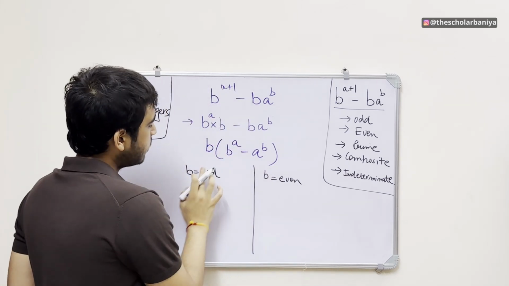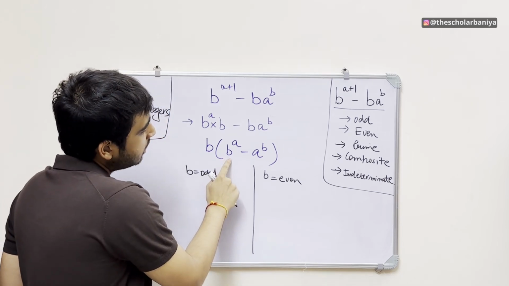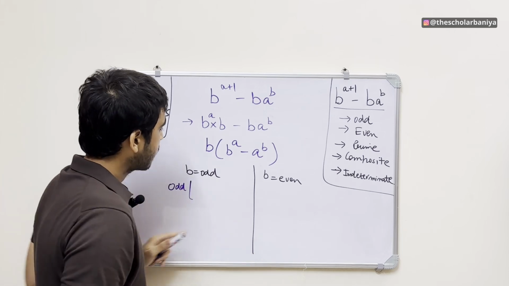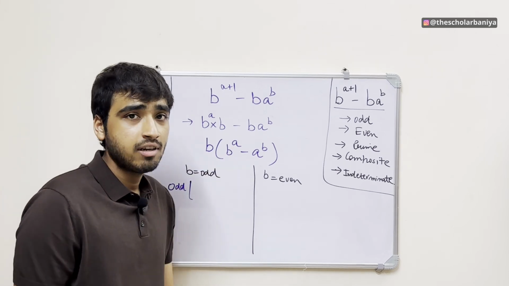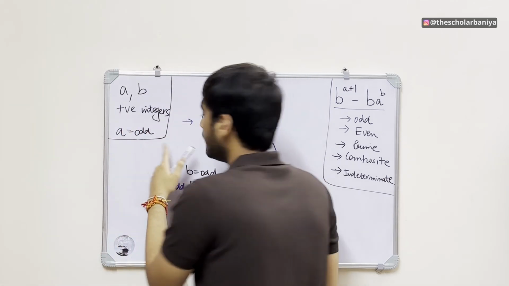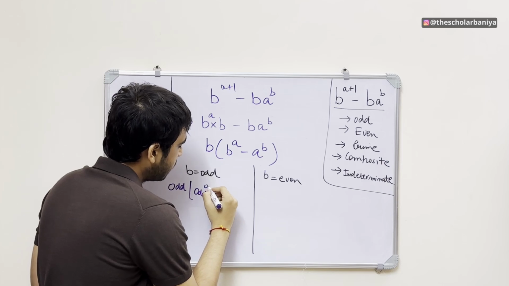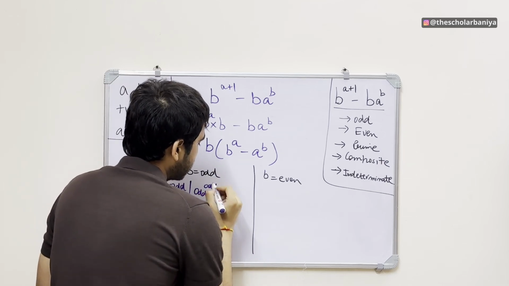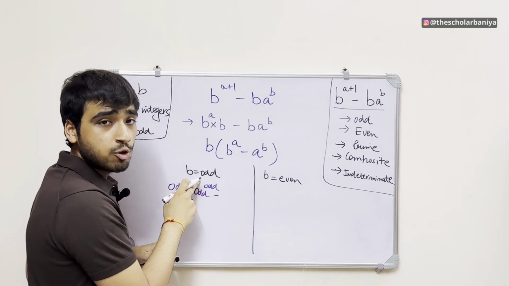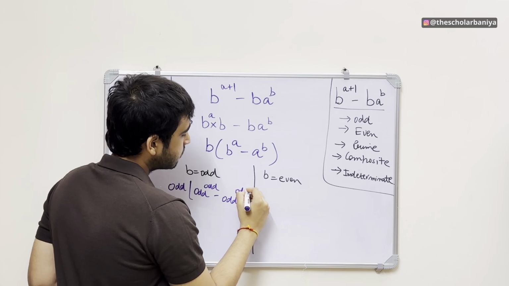Okay, so now if b is odd, then this is odd, right? Now what will b to the power a be? We know b is odd and a is also odd, which is given, right? So odd to the power odd, minus, we know again a is odd, which is given in the question, and we have assumed that b is also odd, so this is also odd to the power odd.